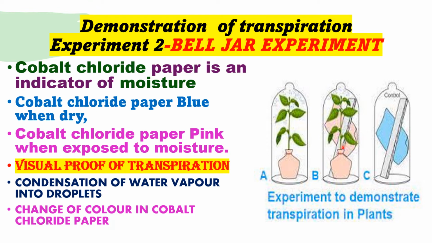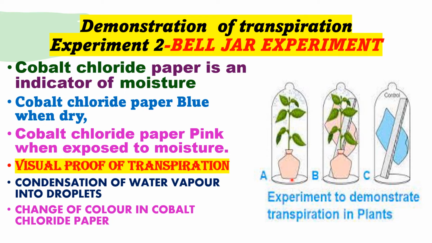In setup B, you can see pink cobalt chloride paper because of the presence of this moisture, water droplets. Blue cobalt chloride paper turns into pink.